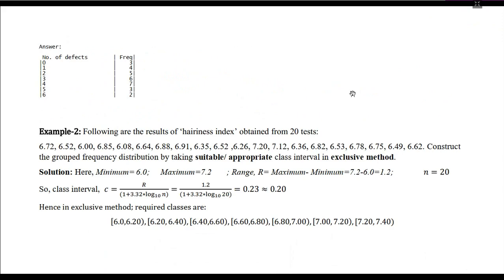To construct a grouped frequency distribution, we have to find the minimum value and the maximum value. In this data, the minimum is 6.0 and the maximum is 7.2. The range is the difference between maximum and minimum, which is 7.2 minus 6.0 equals 1.2, and our number of observations is n equals 20.